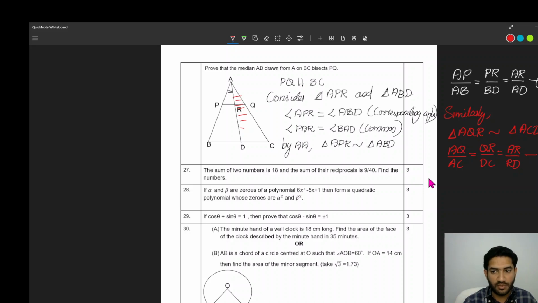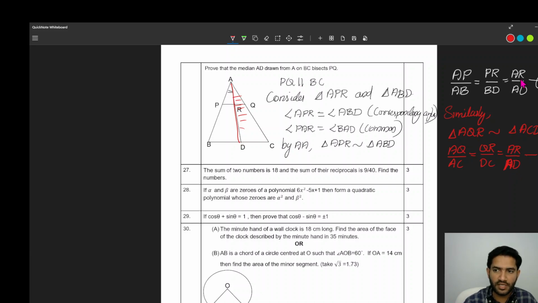Now look at equation number 1 and 2. AR by RD. Oh, this is by mistake. Sorry, here this is AR by AD, because this is the triangle ADC. So AR by AD.